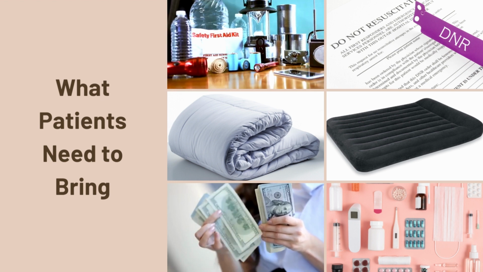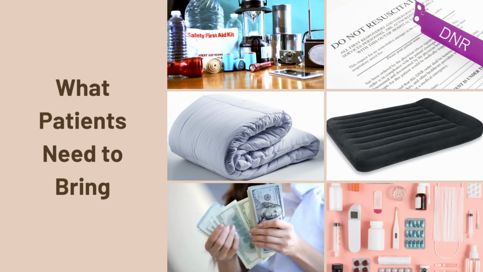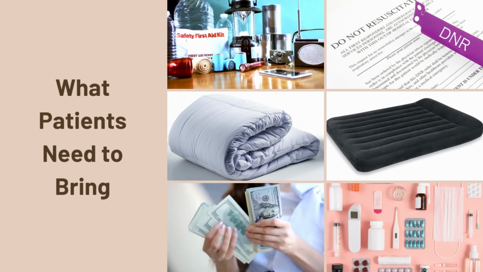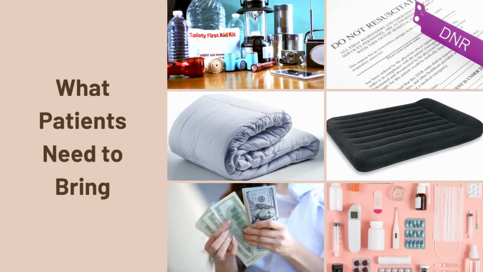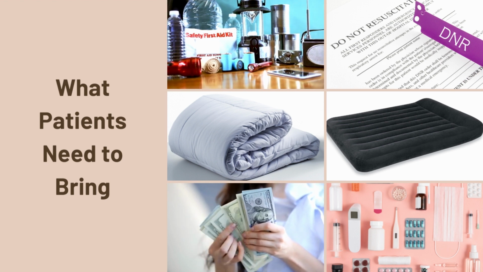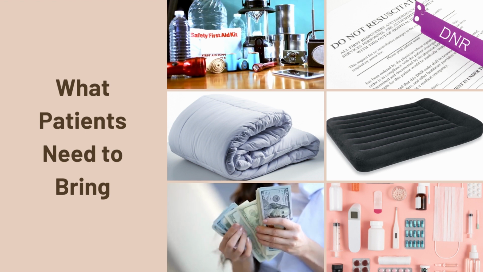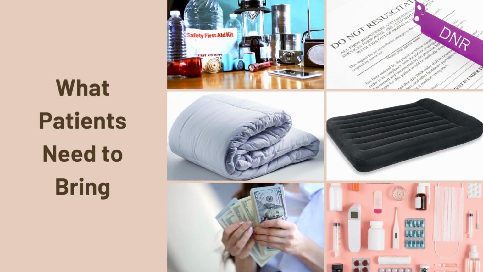Cell phone and emergency contact numbers for the patient's physician, pharmacy, and if applicable, oxygen supplier. Do not resuscitate form if applicable. Name and phone number of the patient's home health agency already in the packet admission.